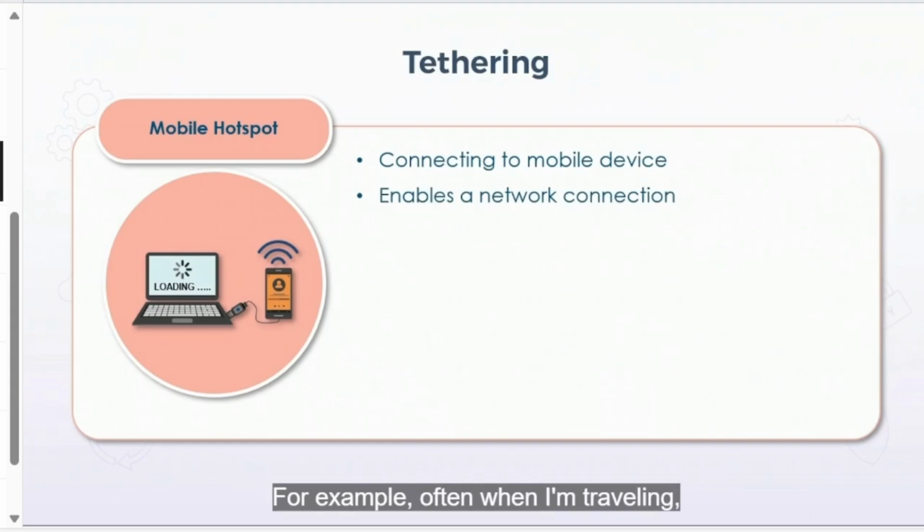For example, often when I'm traveling, I might find myself working on my laptop in an area that does not have any Wi-Fi. But I do have standard cellular service on my phone, which of course allows me to access the internet.